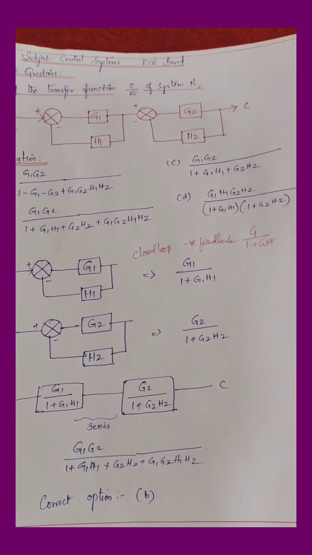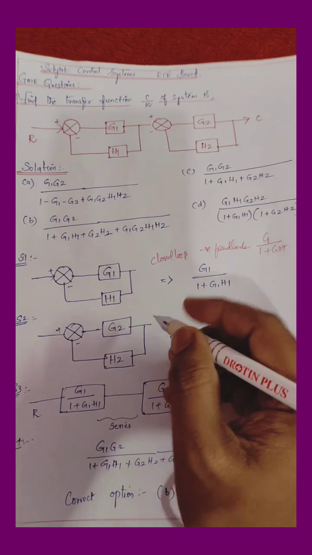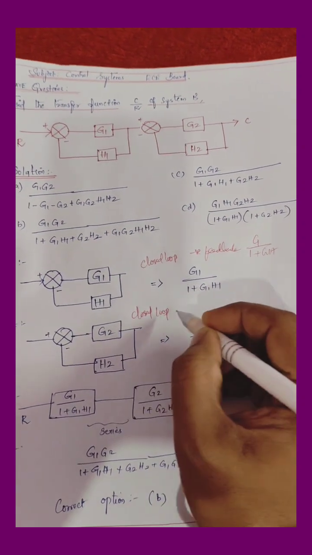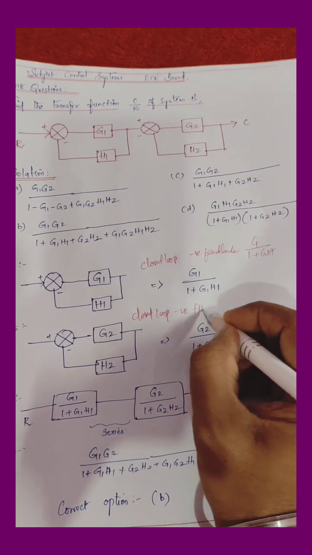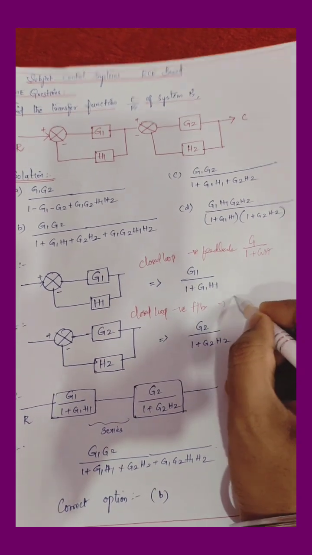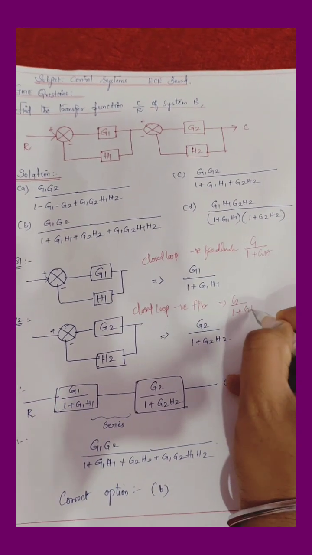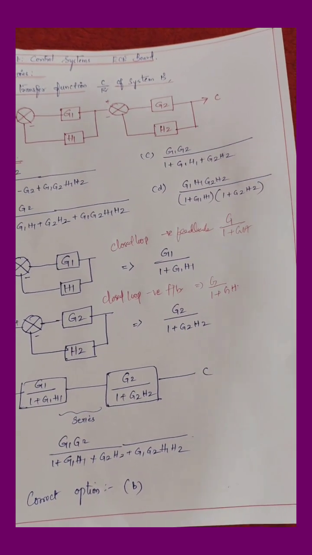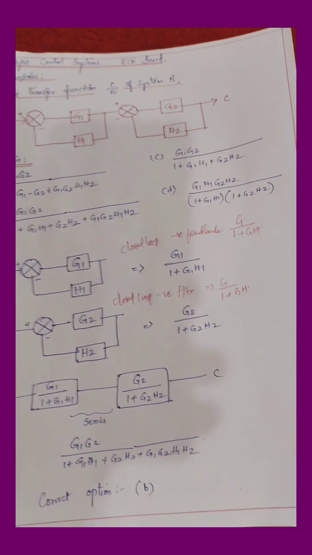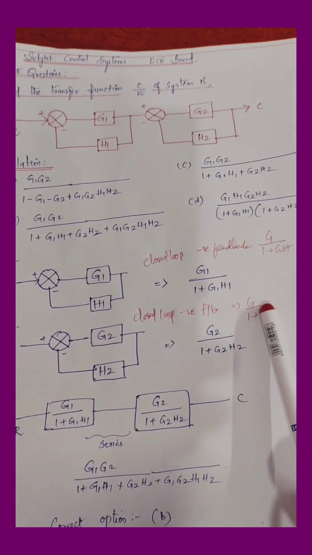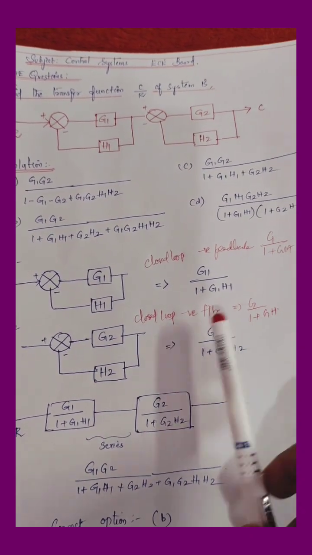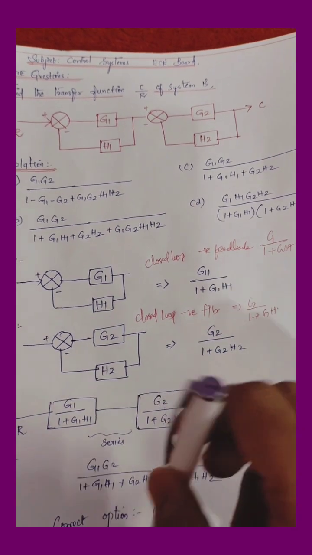Again, this is also a closed loop with negative feedback: G divided by 1 plus G into H. Now, instead of G, replace by G2, and instead of H, replace by H2.